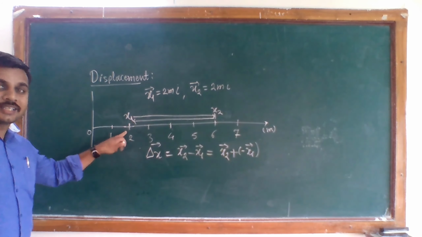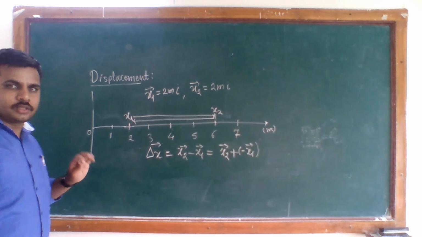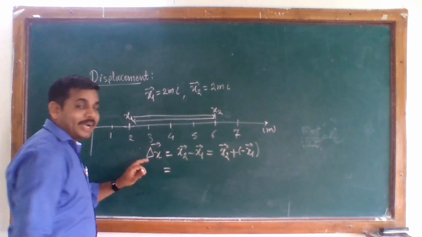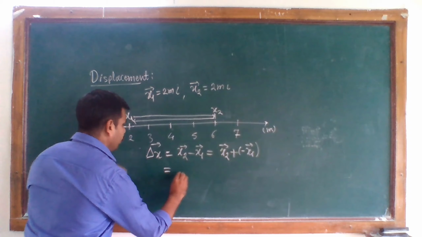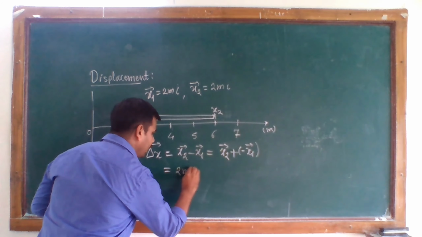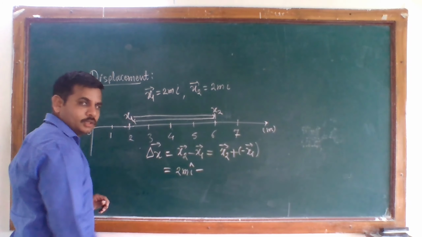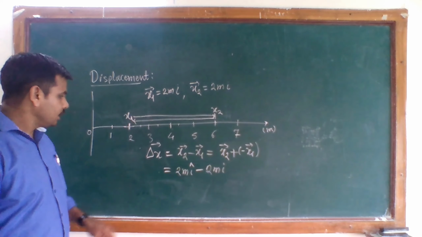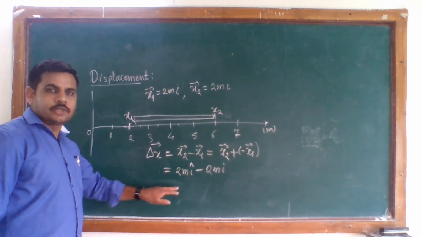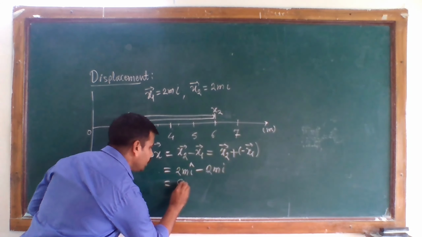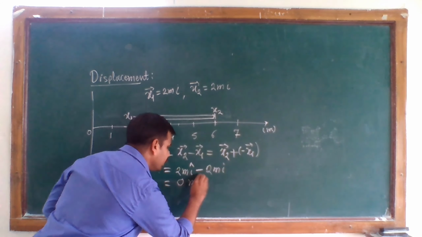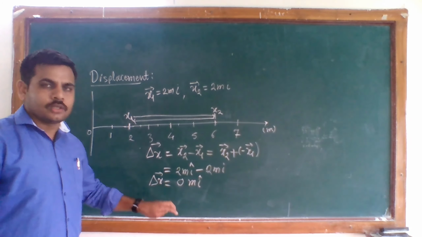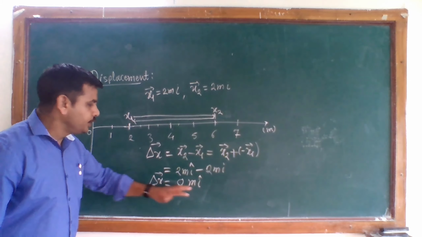The object is at its original position. This is a round journey. So you can write delta x equal to 2 meter i cap minus 2 meter i cap. Here your delta x gives us 0 meter i cap. So this value comes out 0.